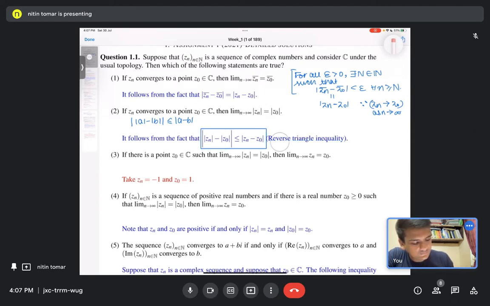And because Zn goes to Z naught, given epsilon greater than 0, this can be made arbitrarily small for all n greater than or equal to N. So now we have proved that the modulus of the sequence also converges to the modulus of the limit.